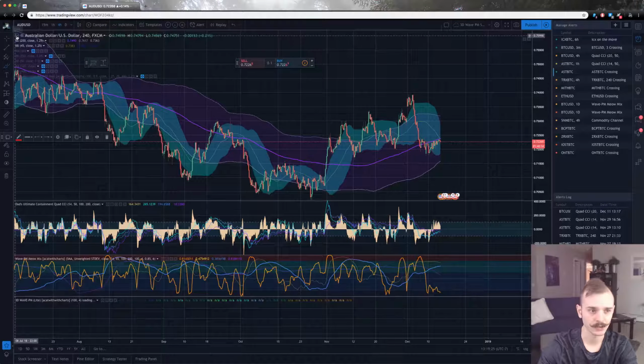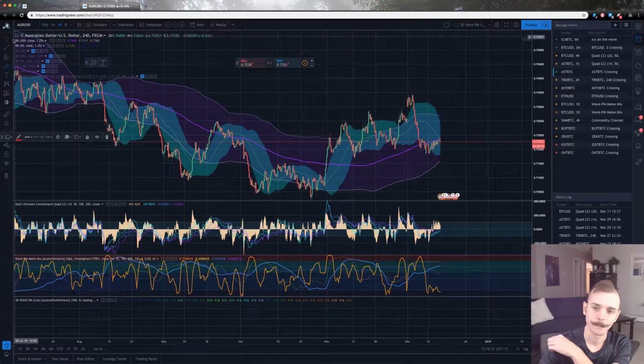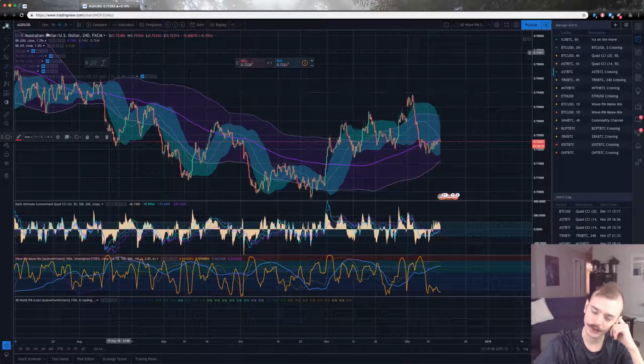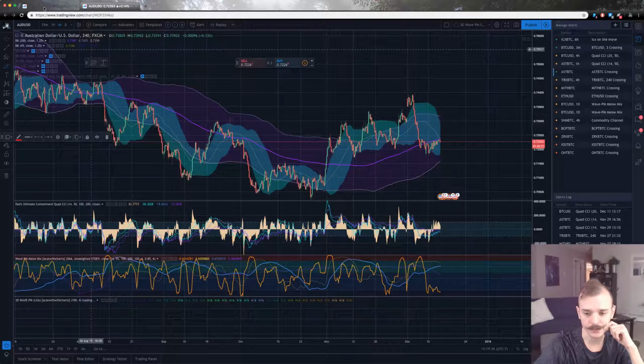Actually, do I have these settings correct? I do. Okay. Well, I'd say with that resistance holding strong, probably going to look for a short position here on the shorter time frames.